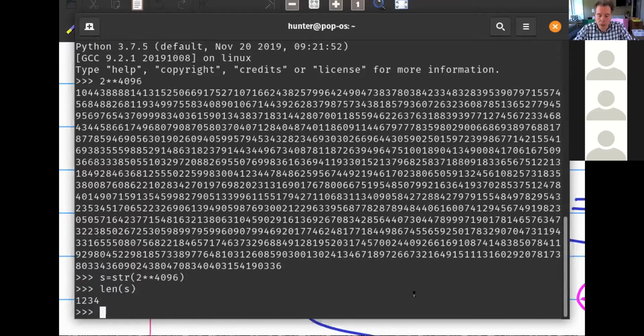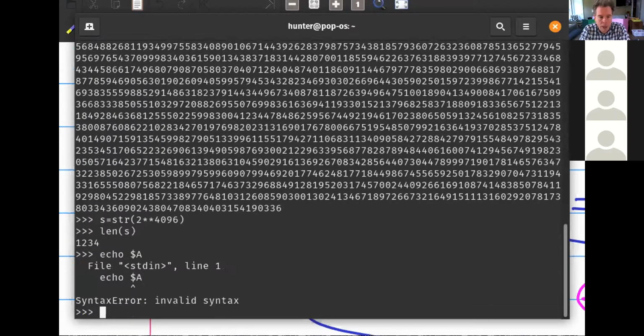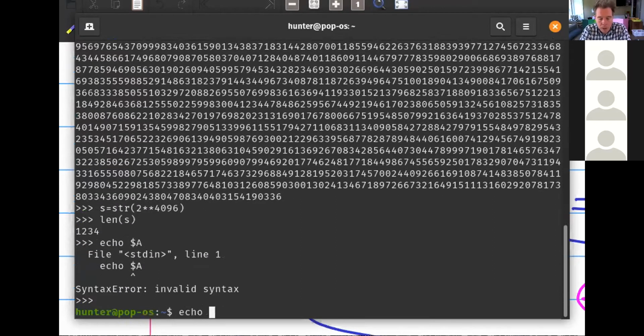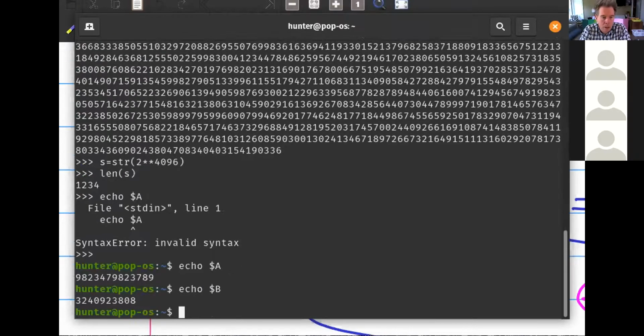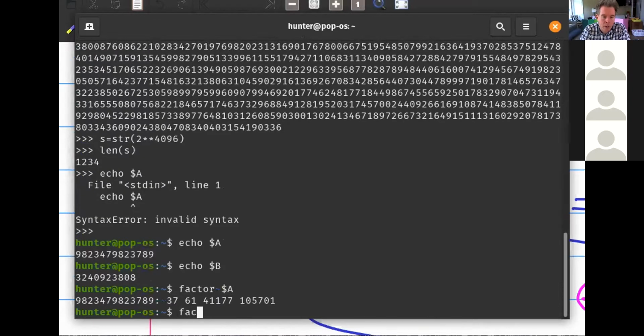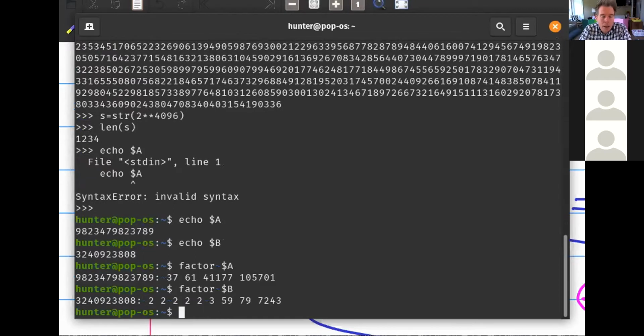Let's take 2 numbers that are relatively prime, A and B. B is a little bit less than A. And we factored these numbers. I don't remember exactly what the factors were, but here they are. They have no prime factors in common, so that means their GCD is 1.